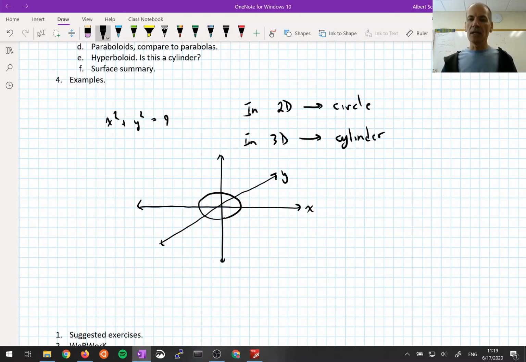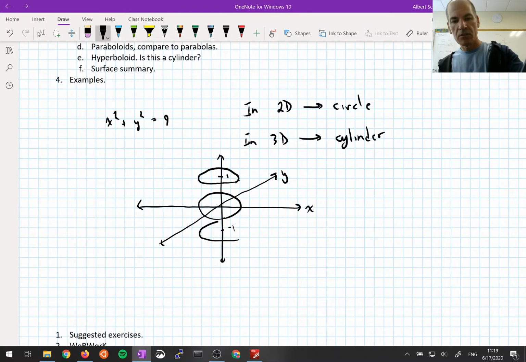What's true about the z-coordinate for all the points along the circle in the xy plane? The z-coordinate is 0. Well, there's nothing special about z equals 0. In fact, z can be anything. So z could be 1, for example, which would give us this circle floating up here 1 unit above the xy plane. Or z could be -1, which would give us this circle down here 1 unit below the xy plane.